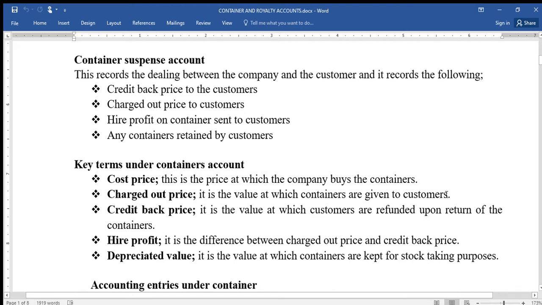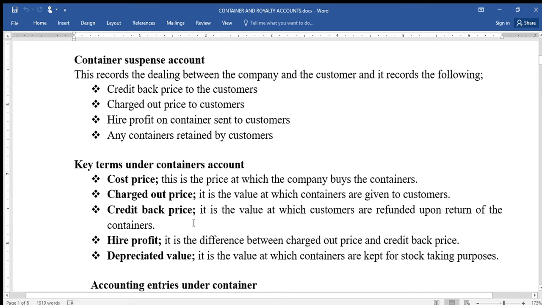In case you go to buy a soda in that glass bottle, the soda is 1,000, but they may charge you 1,500, and they tell you in case you bring back this bottle, we shall give you back your extra 500. So that extra 500 is what we call the charge out price, the value at which containers are given to customers.